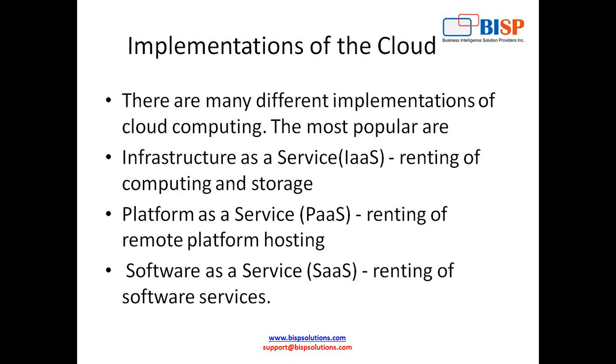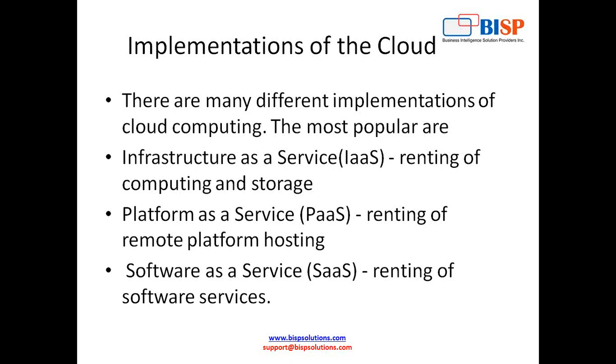The second one is platform as a service. Platform as a service is a service which hosts the application. If you have created an application yourself, you want a server to host it, and you want certain resources to maintain and run it. You don't have to buy a server for that purpose, or put up a maintenance person to maintain that server.